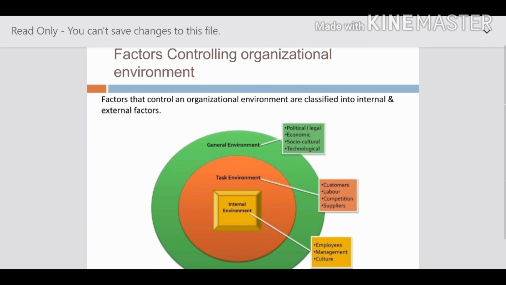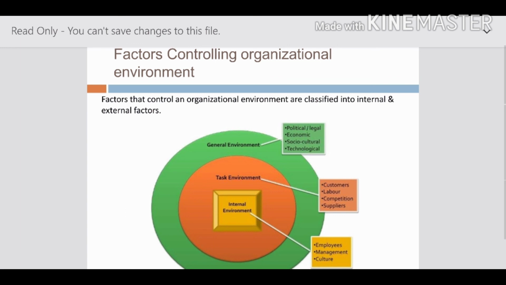And the next one is factors controlling the organizational environment. Here we already discussed several points, but I have categorized them through this picture: task related factors, and the general environment, the task related environment.